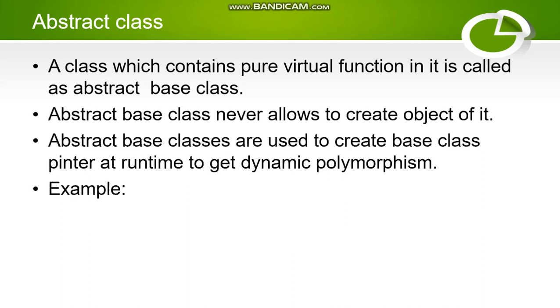Suppose in class A I have declared one function as a pure virtual function; then that class becomes an abstract class, and that class never allows creating an object of it. That is the restriction for an abstract base class.